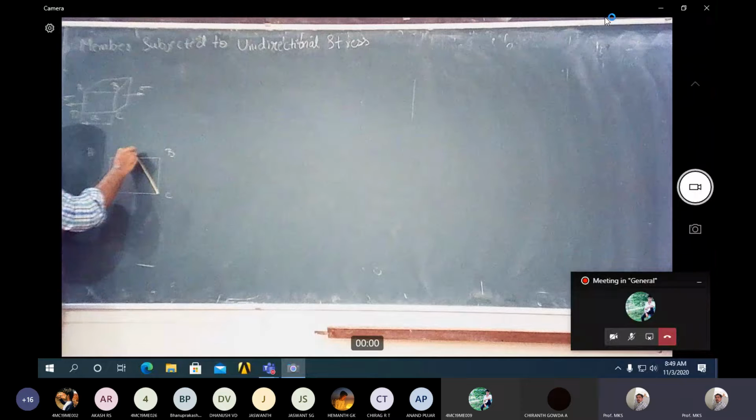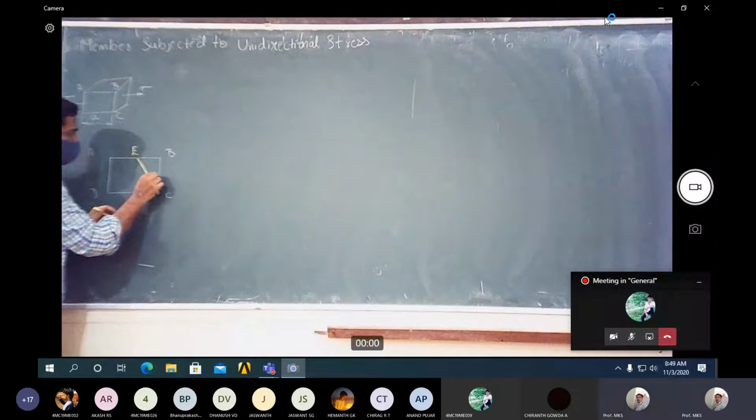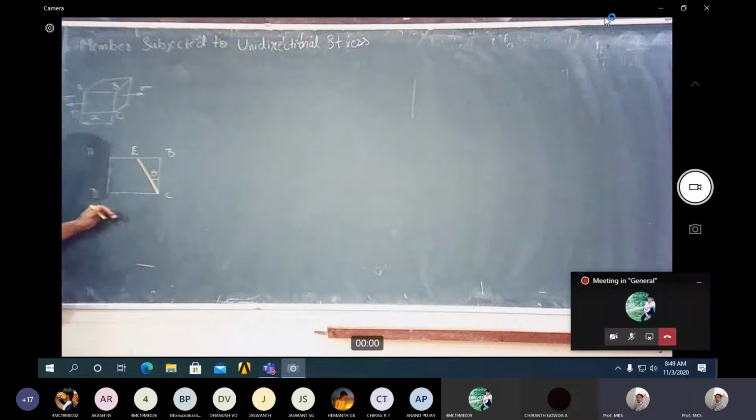I will name that plane as E. This plane is inclined at some angle theta. So consider some oblique plane EC, oblique plane EC at an angle theta to the cross section.